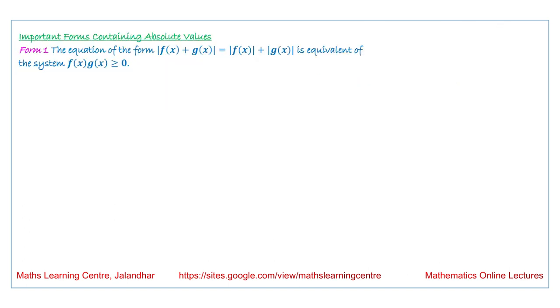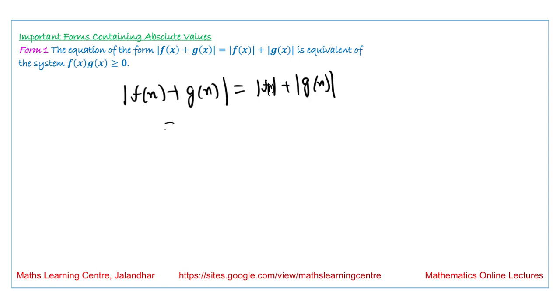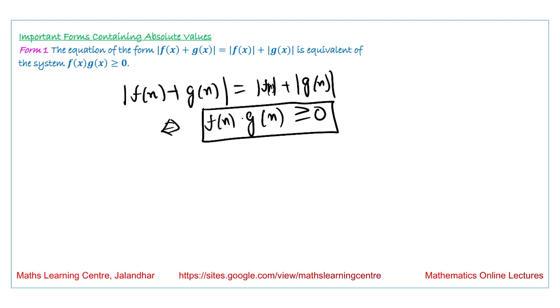So we have listed some important forms containing absolute values. First, we have already seen this form: if the equation is of the form |f(x) + g(x)| = |f(x)| + |g(x)|, then this is equivalent to f(x)·g(x) ≥ 0, and we have solved certain problems based on these kinds of situations.